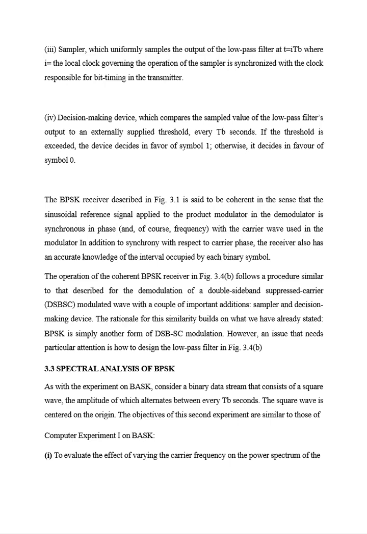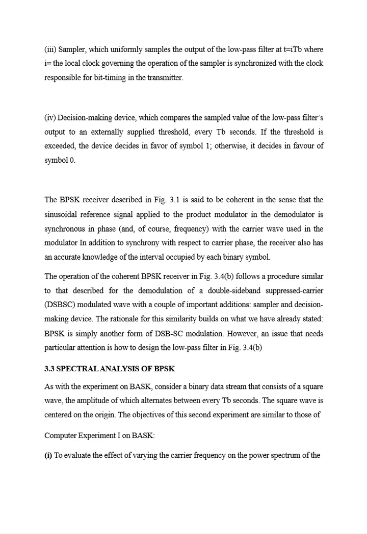The sampler uniformly samples the incoming signals. At periodic intervals, the samples are collected, and the sampler is synchronized with the clock responsible for bit timing in the transmitter. Next, the sampled output is passed through the decision device, which has a threshold value.